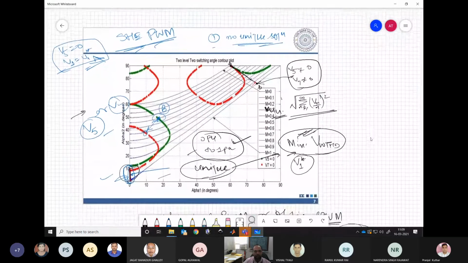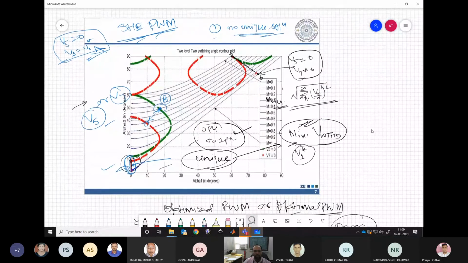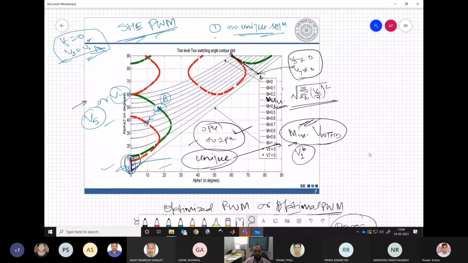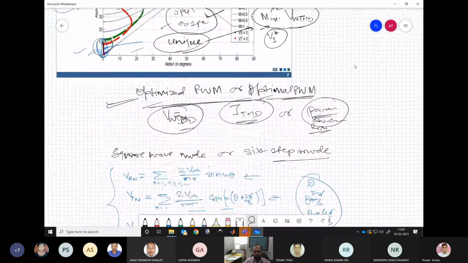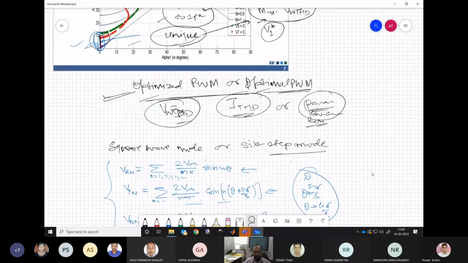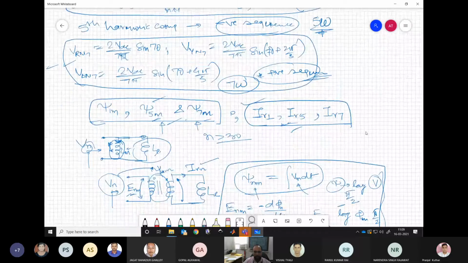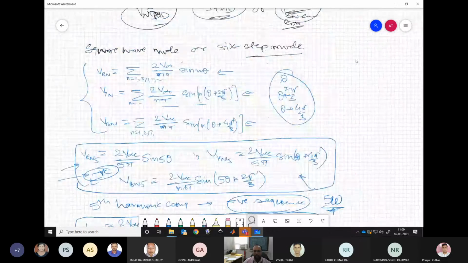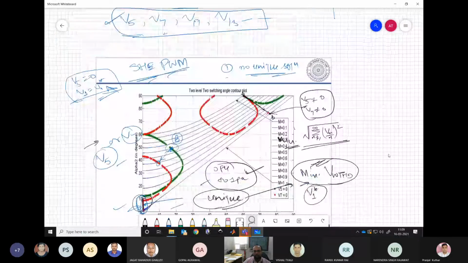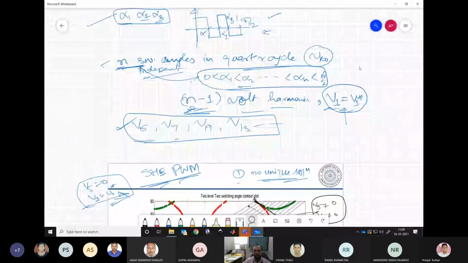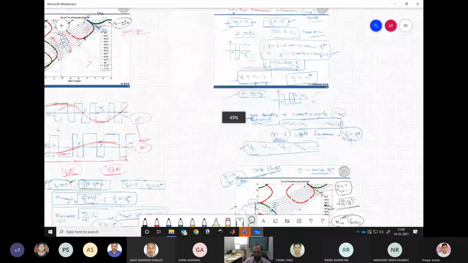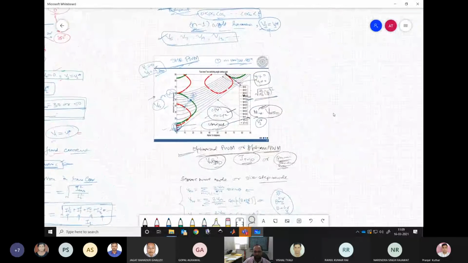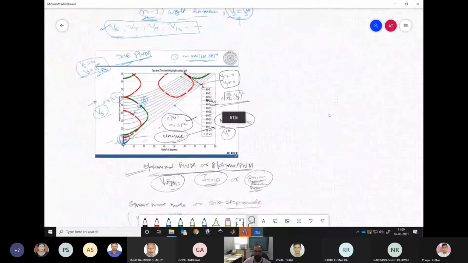So then we saw some shortcomings of the SHE PWM, and we have seen that it does not give a solution for some of the range of modulation index, particularly the higher range. And then we saw how we can make up for that. So let us say instead of going for elimination, we can go for some other technique where we can just minimize our weighted THD or the total harmonic distortion current.